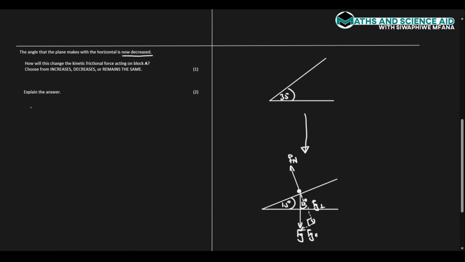So here you must remember that the kinetic frictional force is given by the normal force multiplied by the coefficient of kinetic friction. And this normal force is actually equal to Fg perpendicular, as shown by this force diagram that we have drawn. And that's simply because the normal force and Fg perpendicular are at equilibrium in this scenario.